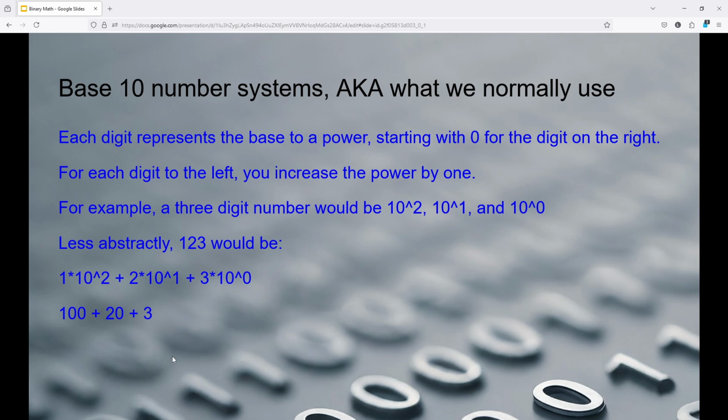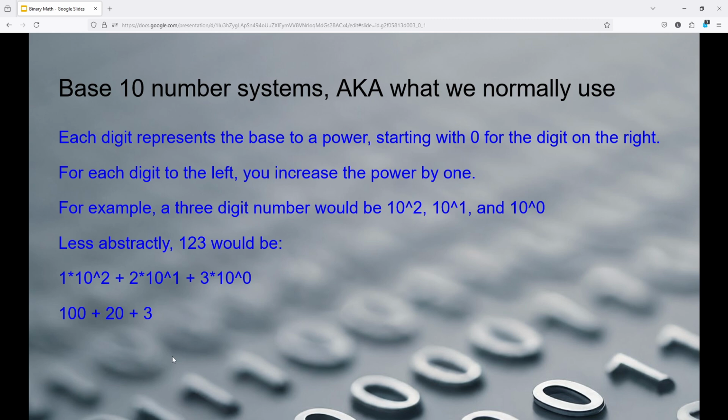You start, like I said, with 10 to the 0, or the rightmost or smallest digit. For each digit you move to the left, you increase the power by 1. So for example, if you have a 3-digit number, the leftmost digit would be 10 to the second, the middle digit would be 10 to the first, and the rightmost digit would be 10 to the 0.